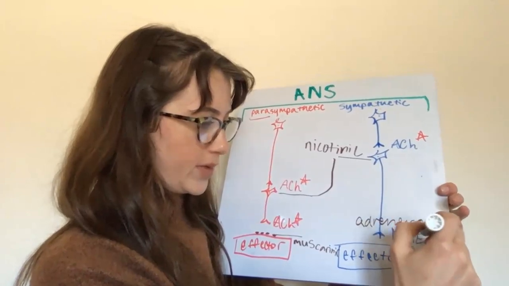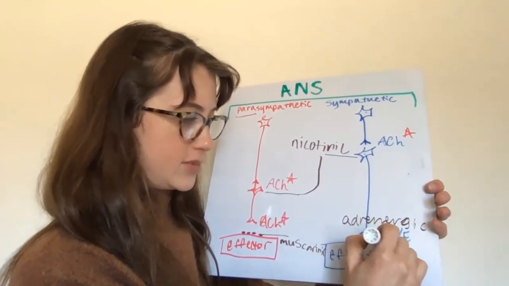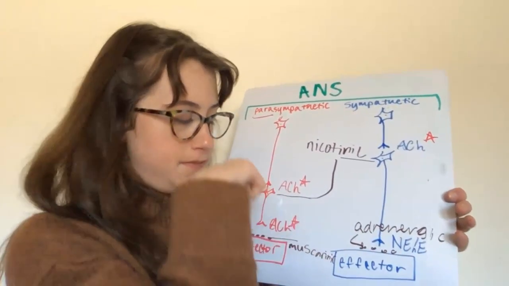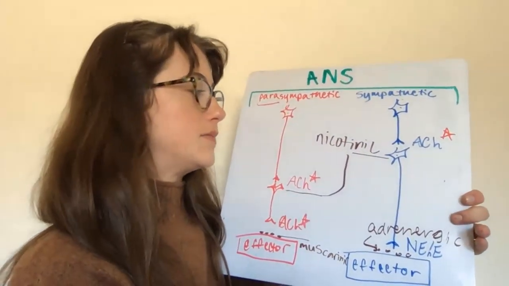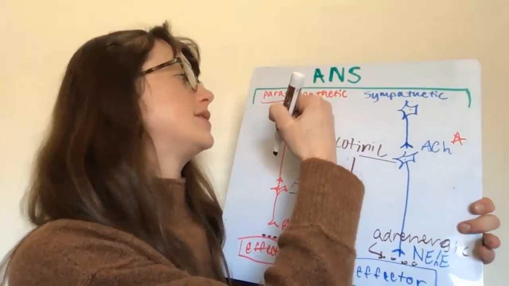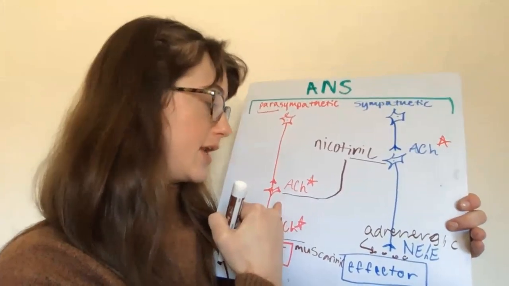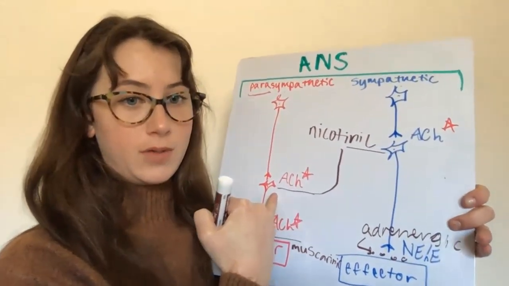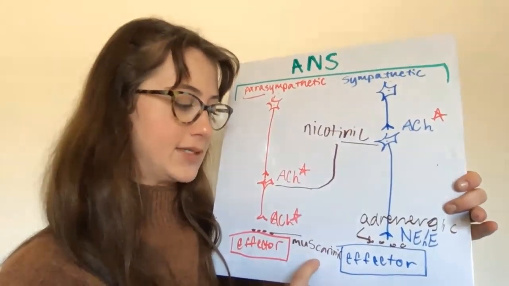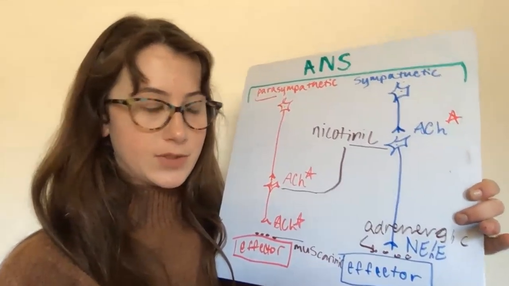In case you just want the whole picture, these receptors here are going to be adrenergic. So we know within the autonomic nervous system, the parasympathetic division would be the only one that's affected because that's the only one that has those muscarinic receptors, right?